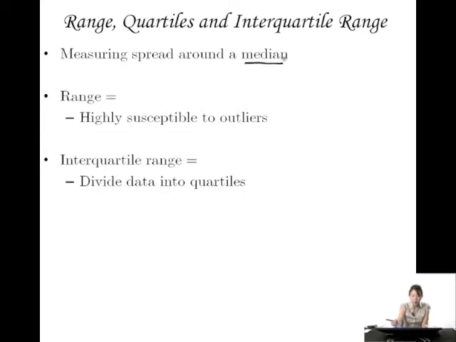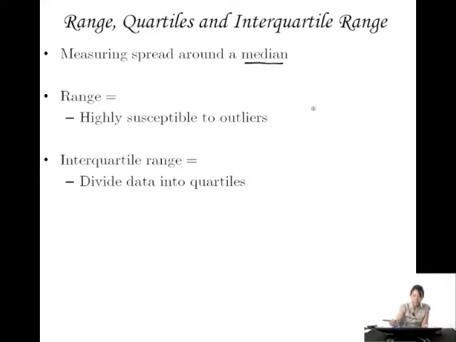So one of the reasons that this is going to be the case is that when we look at range, quartiles, and interquartile range, what we're really doing is taking a distribution and cutting it up, right? Either cutting it up in half, which would be the median, the middle point, or cutting it up into, let's say, quartiles, right? Which would be cutting it into fourths, instead of halves.